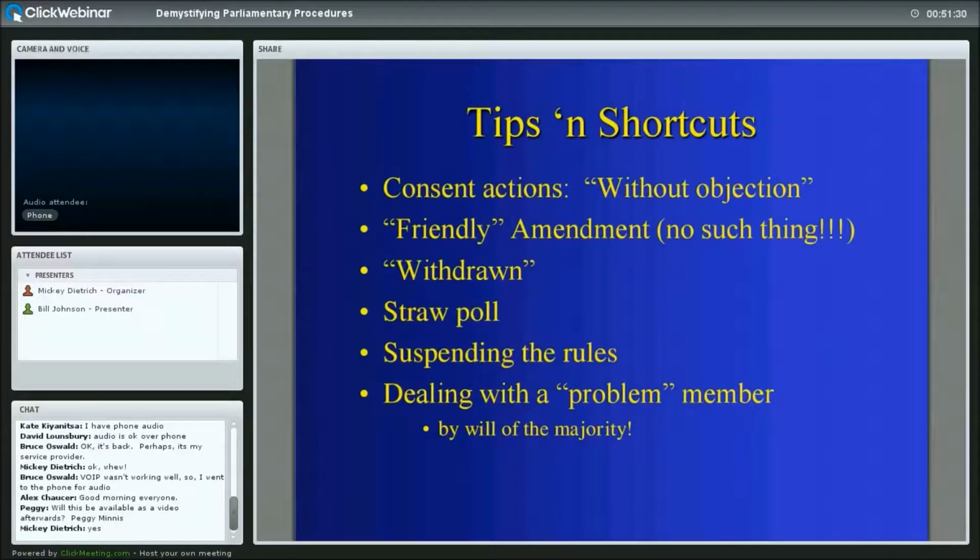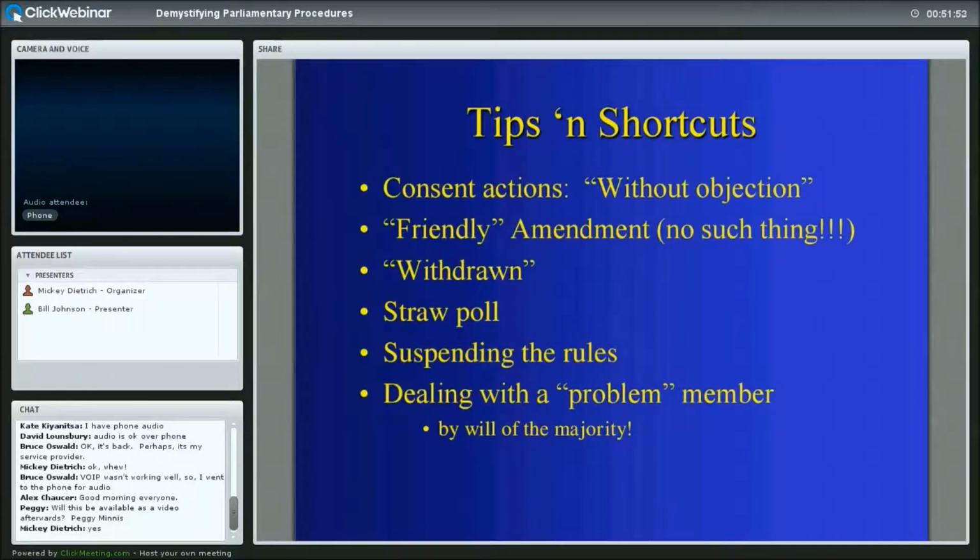Another thing that I think works well in a lot of situations is to take a straw poll. If the presiding officer isn't sure whether we're getting closer to consensus in this debate, they can say, folks, I just want a quick straw poll. If we were to take the vote right now, how many of you are thinking you would be voting in favor? This is non-binding, mind you.